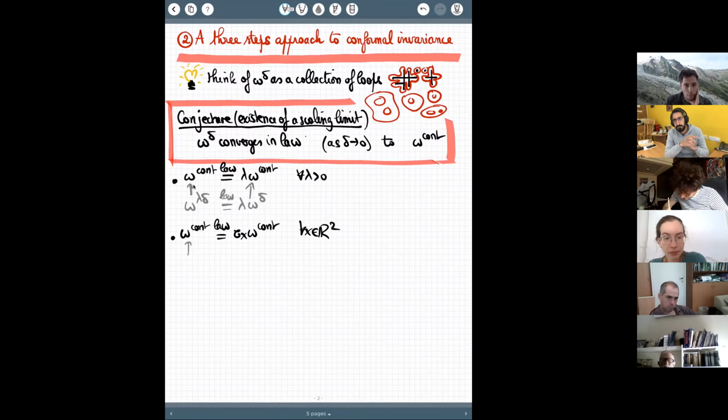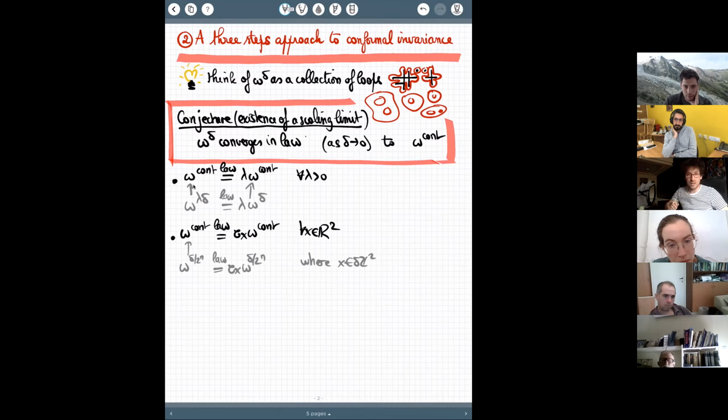What you do is that this is the limit of omega, say, delta over 2 to the n, where x belongs to delta Z2. Then this has the same law as tau x omega delta over 2 to the n, because I am assuming that x belongs to delta Z2. So already the translation by x is a symmetry of the original model, and this converges to this. Okay, so you get translation invariance and scale invariance for free.